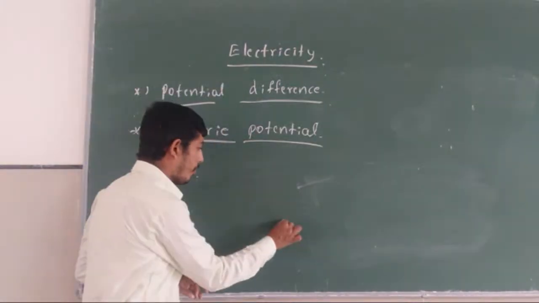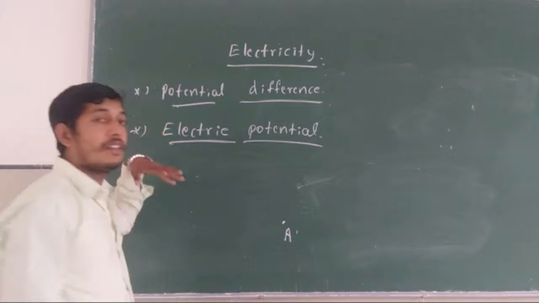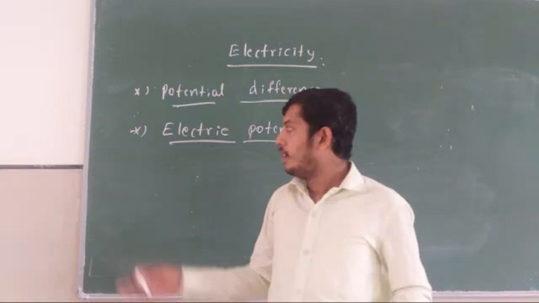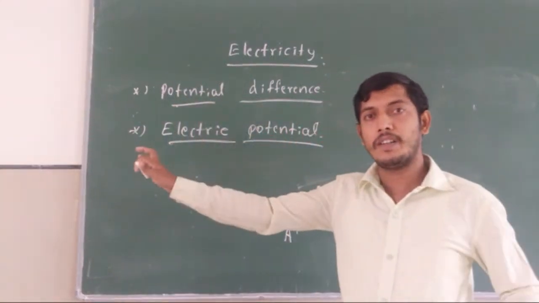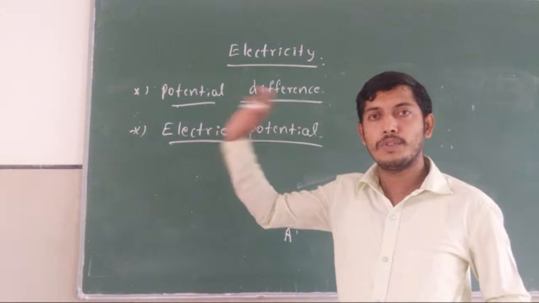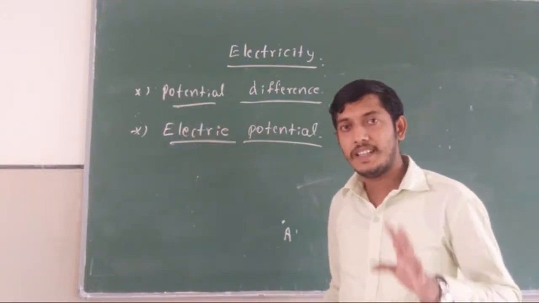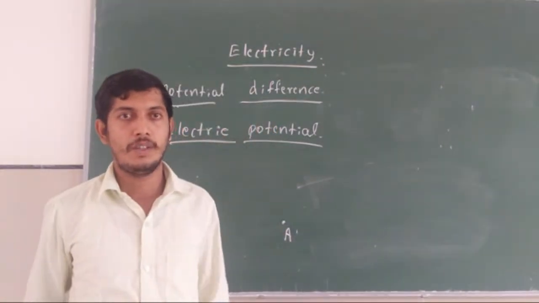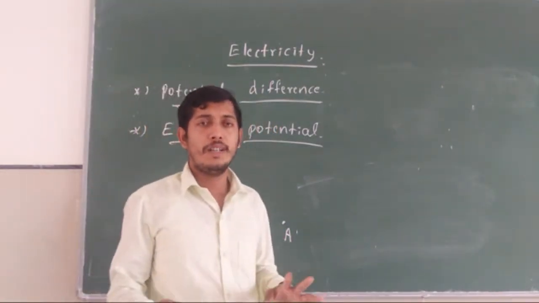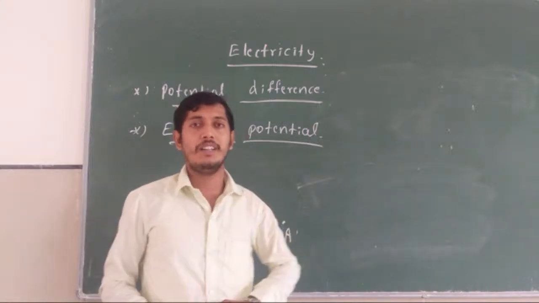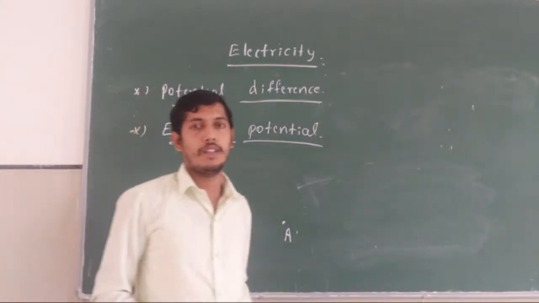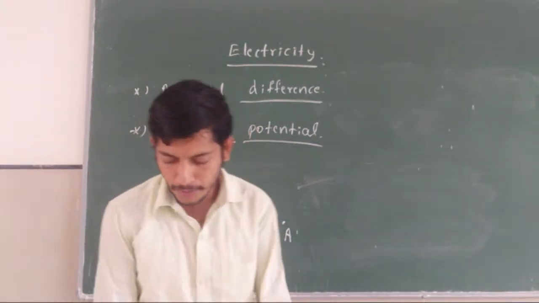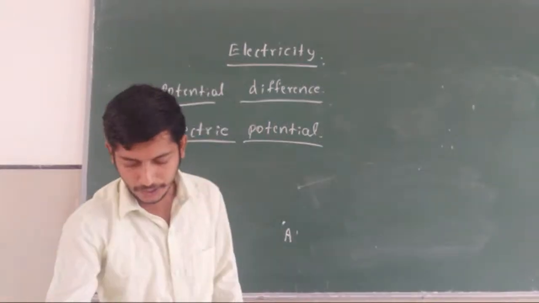If you consider a particular point A and some electrons are present at infinity, here we have to assume something. How much work we have to do to move a unit charge from infinity to a particular point, that amount of work is known as the electric potential. Or simply we can consider the potential difference, that is the amount of work done to move a unit charge from one point to another point. Based on that we have one formula here.